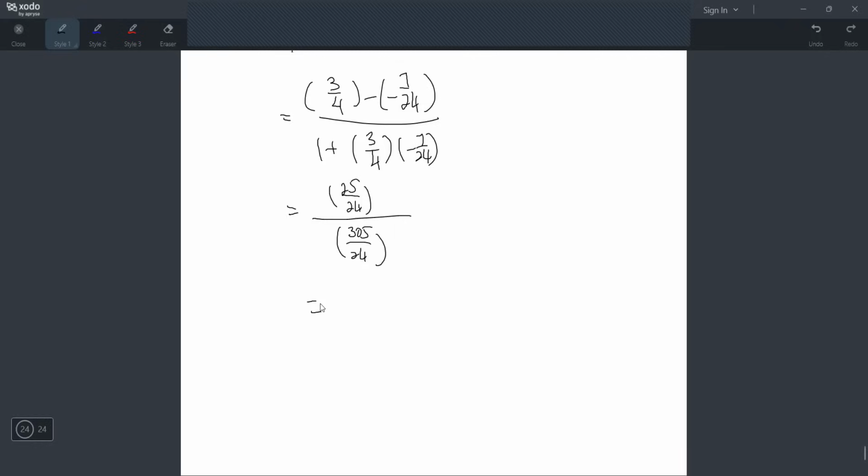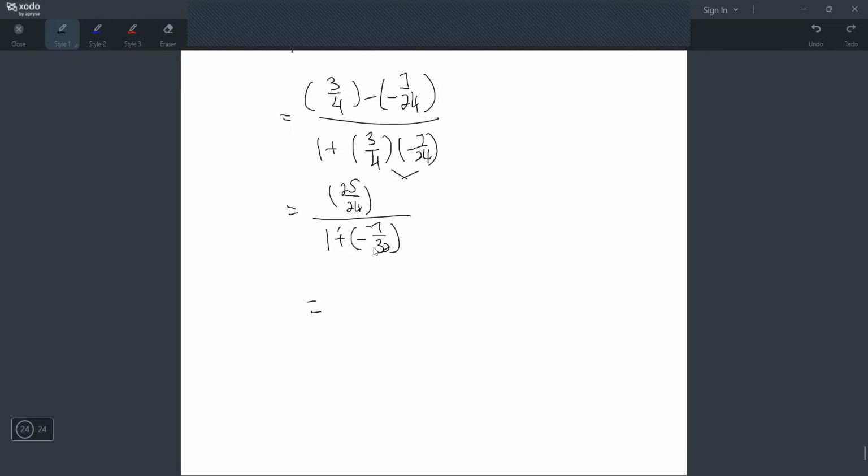My calculator gives me, okay, I think I did something wrong already here. This is not 305 over 24. Okay, let's press again. This one has to press times first. So let's press 3 over 4 times 7 over 24. The negative you can add in later. So it's actually 1, plus negative 7 over 32.